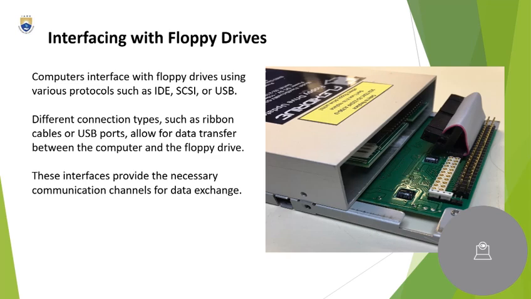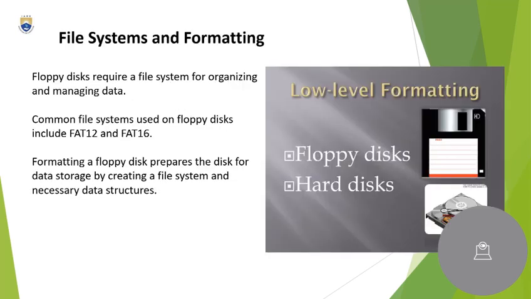Our next slide is about file systems and formatting. Floppy disks require a file system for organizing and managing data. Common file systems used on floppy disks include FAT12 and FAT16.